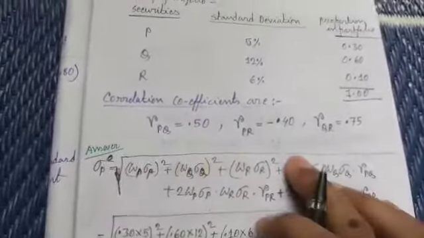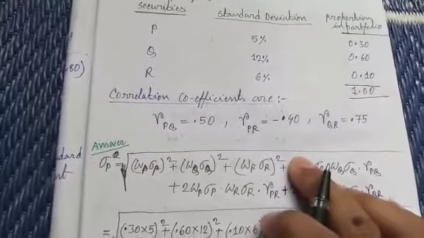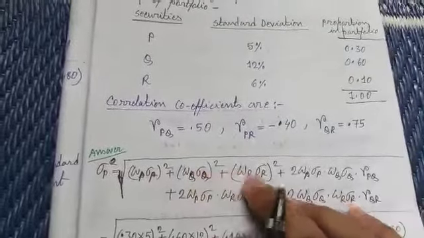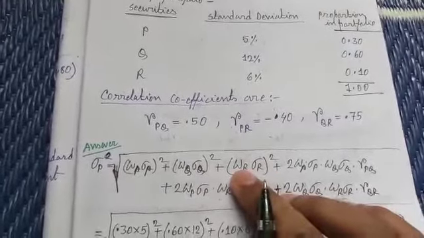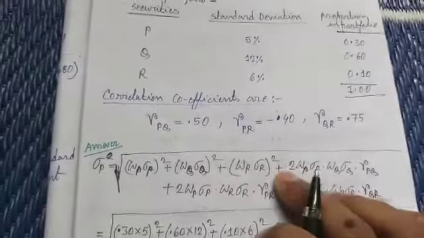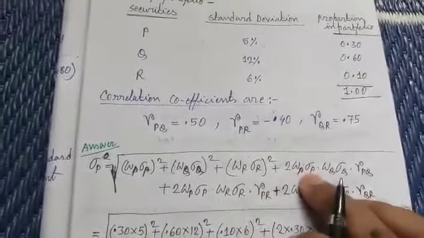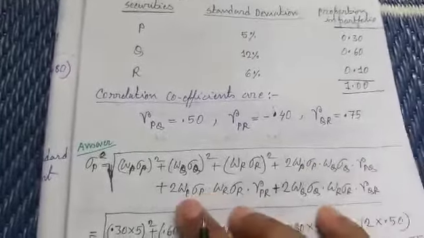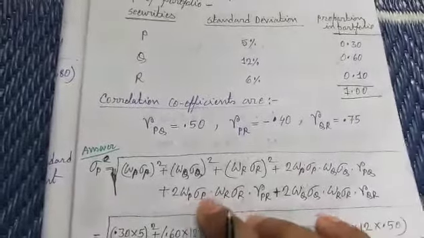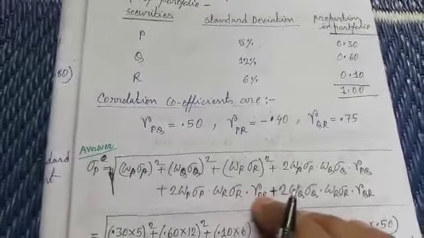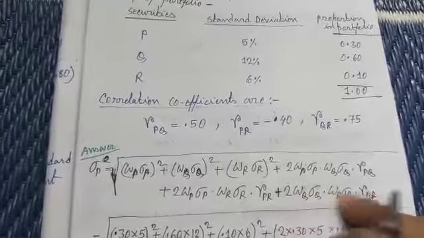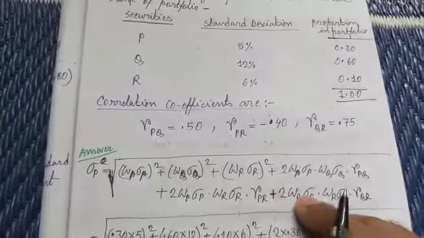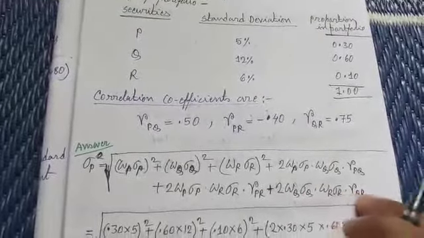So the formula will take the shape of WP into sigma P whole square, this is the A square, plus WQ into sigma Q whole square, that is the B square, plus WR into sigma R whole square, that is the C square, plus 2AB into the correlation coefficient of AB. This is 2AC, and this is the correlation coefficient between AC. This is 2BC, where Q is B and R is C. So with 2BC the correlation coefficient between B and C is to be attached.